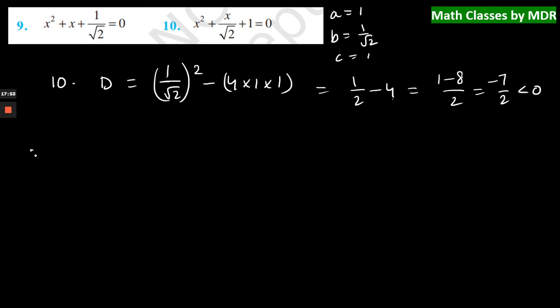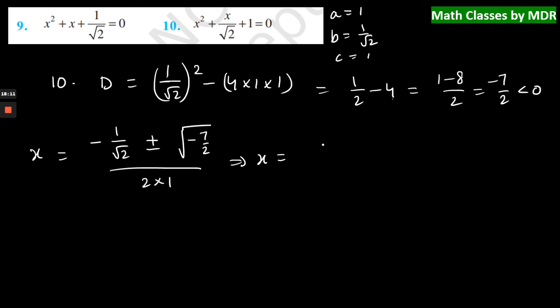Therefore, what is our x? Minus b is minus 1 by root 2, plus or minus root of b squared minus 4ac, which I will write as minus 7 by 2, by 2 into 1. We shall try to simplify it. x is equal to minus 1 by root 2 plus or minus i root 7 by 2, by 2.